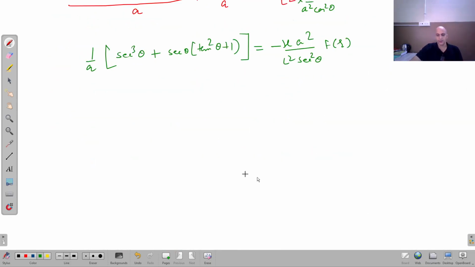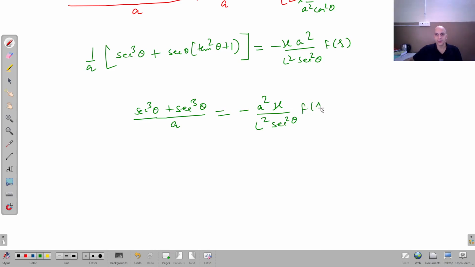Now 1 plus tan square theta is what? It is secant square theta. So I got secant cube theta plus secant cube theta divided by a, is equal to minus a square mu upon L square secant square theta f of r.